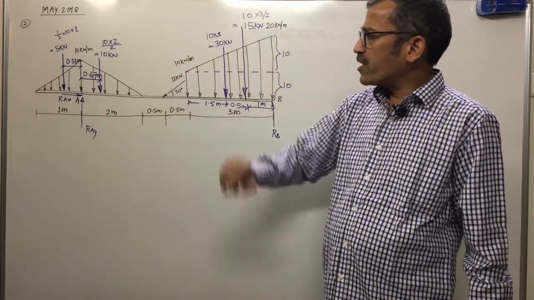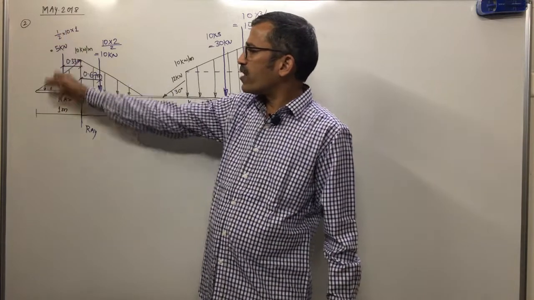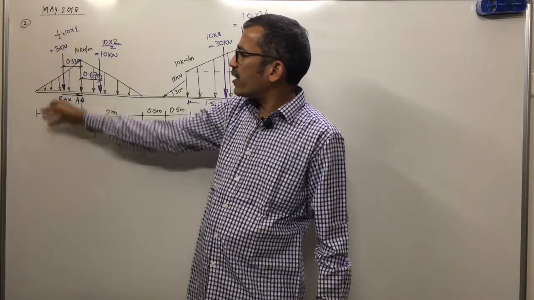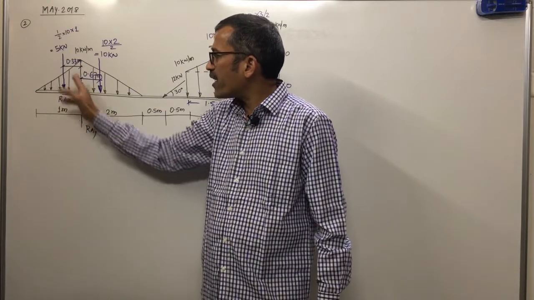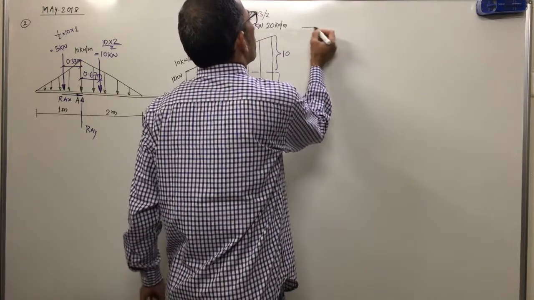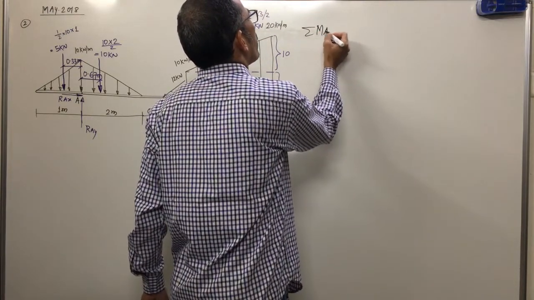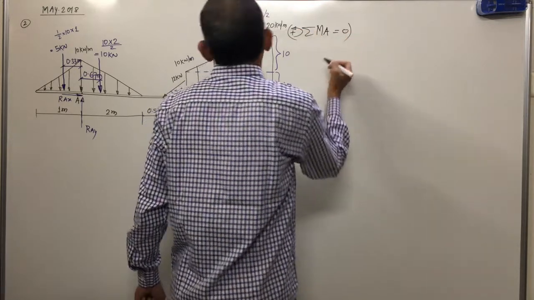If we take moment at A, first the moment of the 5 kilonewton on the left side. The moment of the 5 kilonewton, not about the free end but about point A, is anti-clockwise. Now see here, I will write the equation. Sum of moments about point A equal to 0, taking anti-clockwise moments positive.